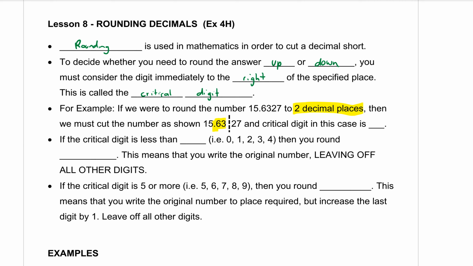That's what we call 2 decimal places, 2 numbers after my decimal point. Then I have to look at the number right after that line and decide whether I'm going to round up or down. In this case, the number straight after the line is a 2. We call that the critical digit.